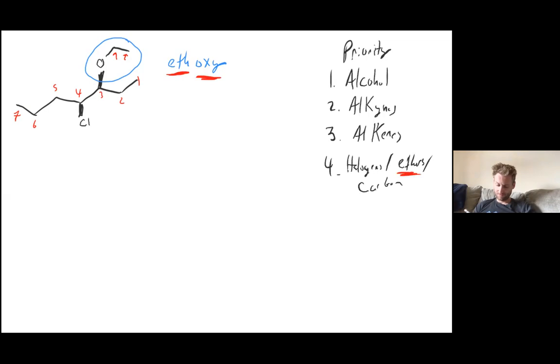So we've got 7 carbons. This would be a heptane. On 3, we have an ethoxy. On 4, we have a chloro.